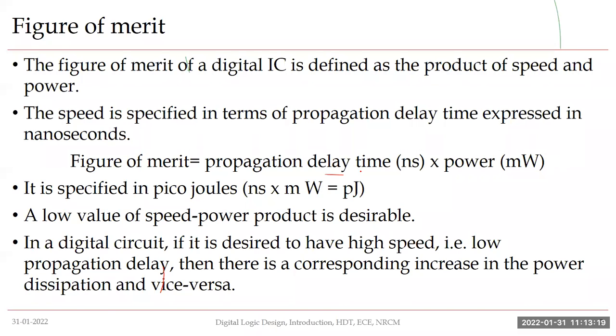So we have to find out how we optimize between these two. The figure of merit helps us to decide those values. When we see the product of those two things, we will come to know whether it is possible to get a circuit which is neither too slow nor taking too much power.